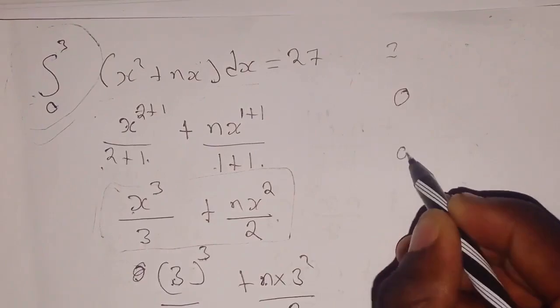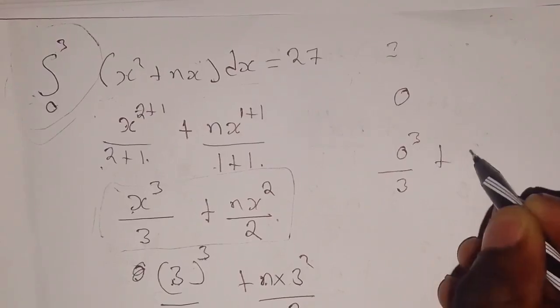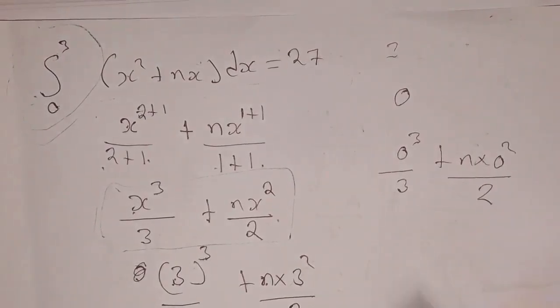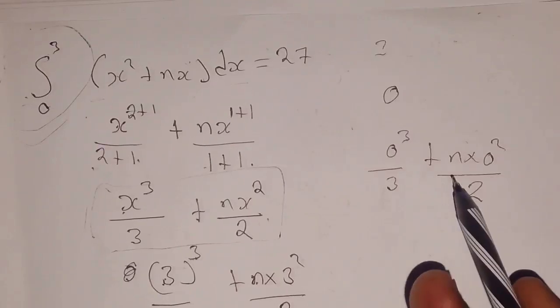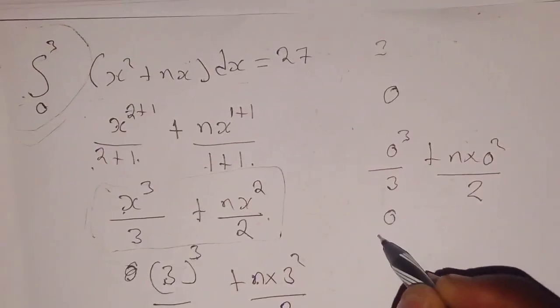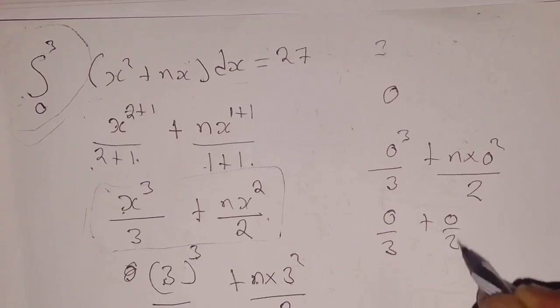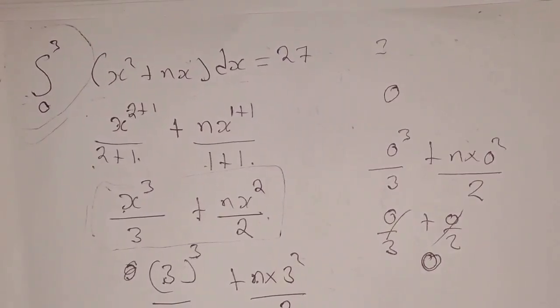So we have 0 cubed over 3 plus n multiplied by 0 squared over 2. 0 cubed gives us 0, and n multiplied by 0 squared gives us 0. So we have 0 over 3 plus 0 over 2. Automatically this is 0.